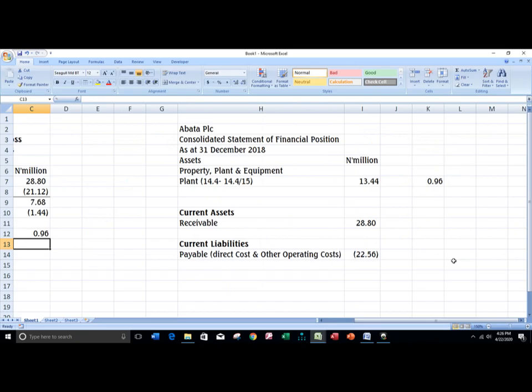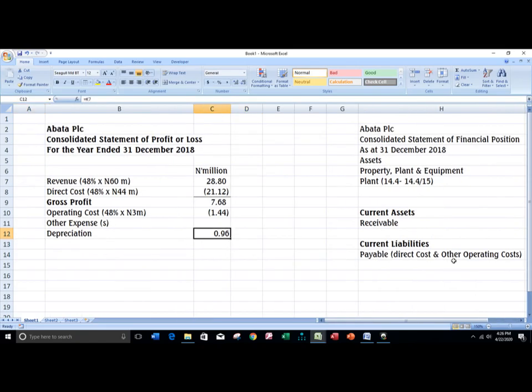So come here, pick 0.96, and it's also an expense. So this is all that Abata PLC will bring into its own financial statement from its ownership interest of 48% in the joint arrangement, that natural gas station. So that is how it's going to look.